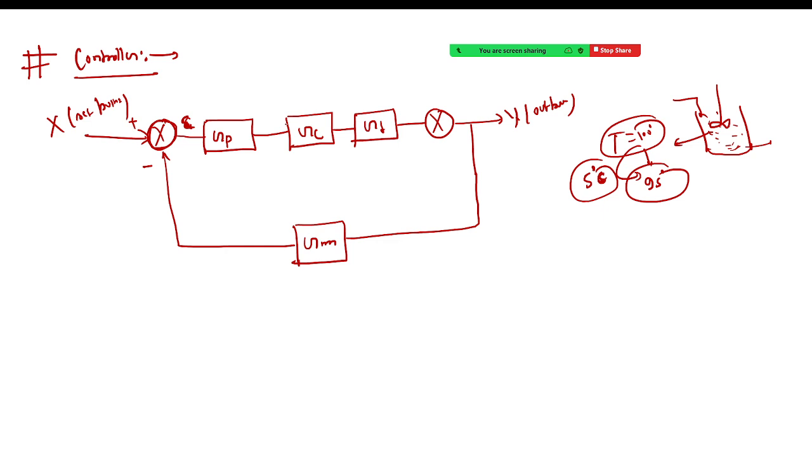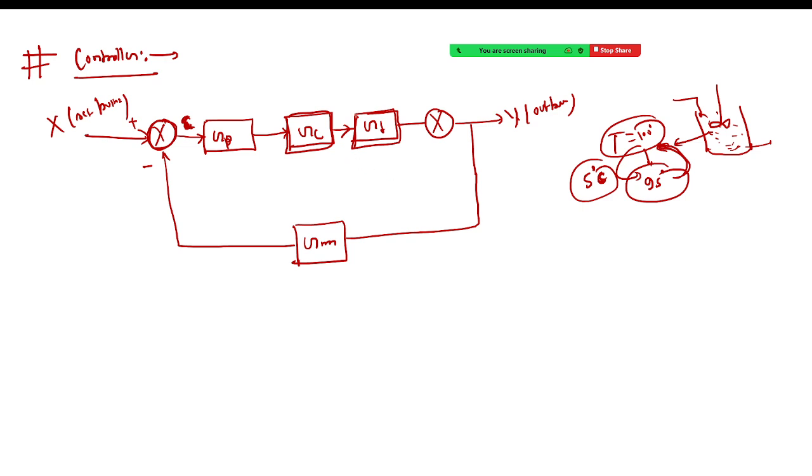Now, what will happen? This error is entered into this process, and this controller will try to bring the temperature from 95 to 100 degrees centigrade. It will give the signal to the final control element to do something so that the temperature can reach 100 degrees centigrade.